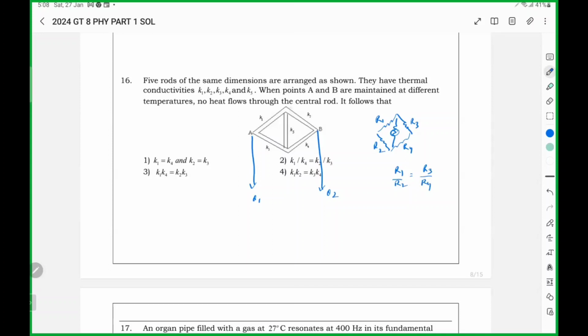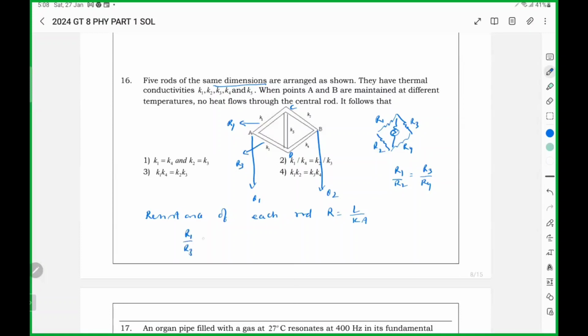So here we have four different rods. So the resistance of each rod is equal to L by K. Same dimensions. Suppose I take its resistance as R1, its resistance as R3.